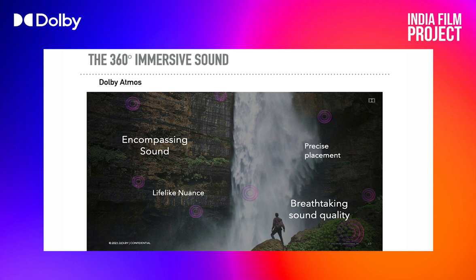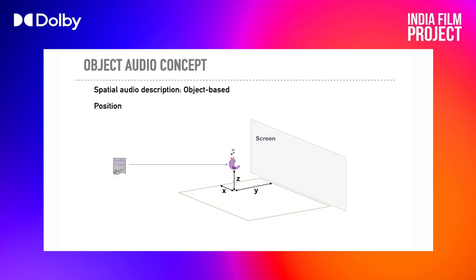So that is the whole idea of achieving a more realistic, more immersive experience using audio elements as objects. When we follow this approach, we take each individual sound element, and we are not really bothered about how this sound should be mixed down together. We just decide where in the space the sound should be placed, and it is represented by its geometrical position, which Baylon would again explain in a little more detail.